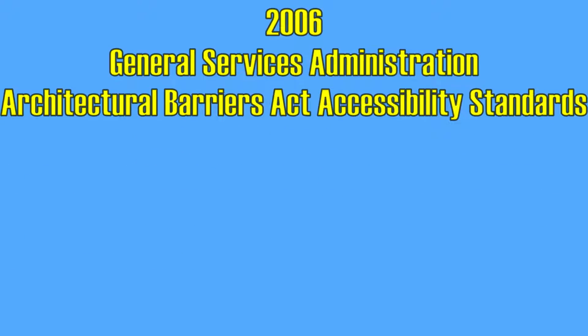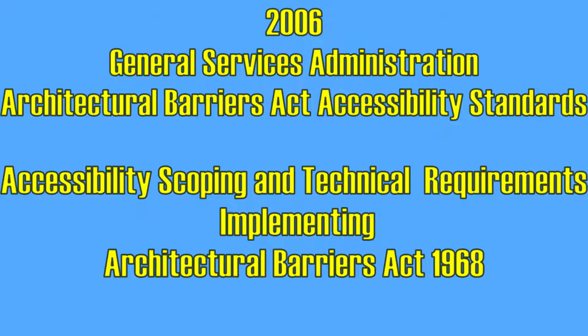In 2006, the U.S. General Services Administration adopted the Architectural Barriers Act Accessibility Standards containing accessibility scoping and technical requirements implementing the Architectural Barriers Act of 1968.